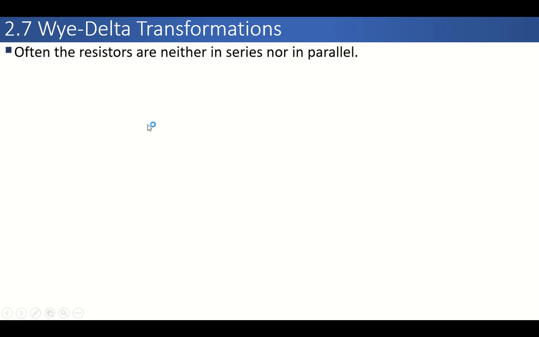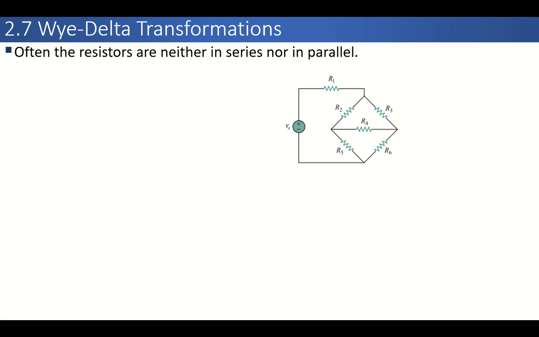Since we are discussing chapter number 2, today we are going to discuss section 2.7, that is, Y-delta transformations or star-delta transformations. As already mentioned, often the resistances are neither in series nor in parallel. Let's consider this network of resistances.